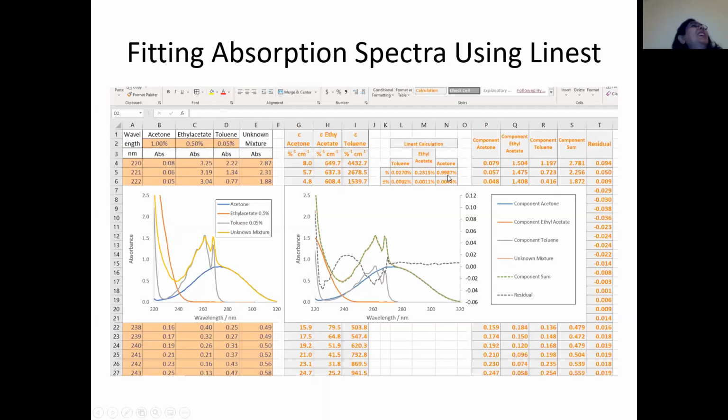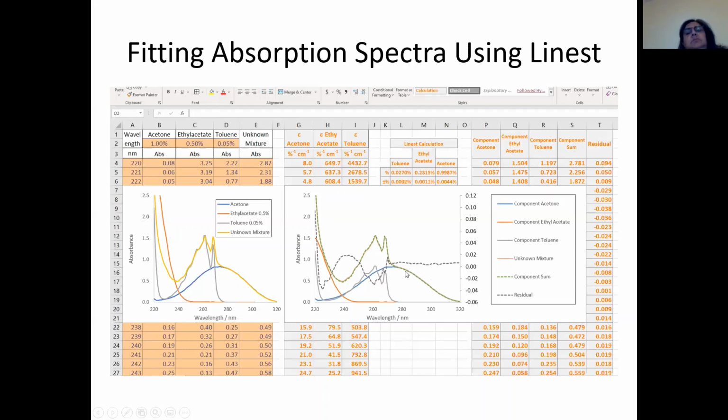And this predicted 0.9987%, whereas this is exactly 1.00%. So this is effectively the same as this, right? The other values are significantly smaller in the B values that came out. So this is acetone, this is B0, B1, and B2, and they come out in this weird reverse order.